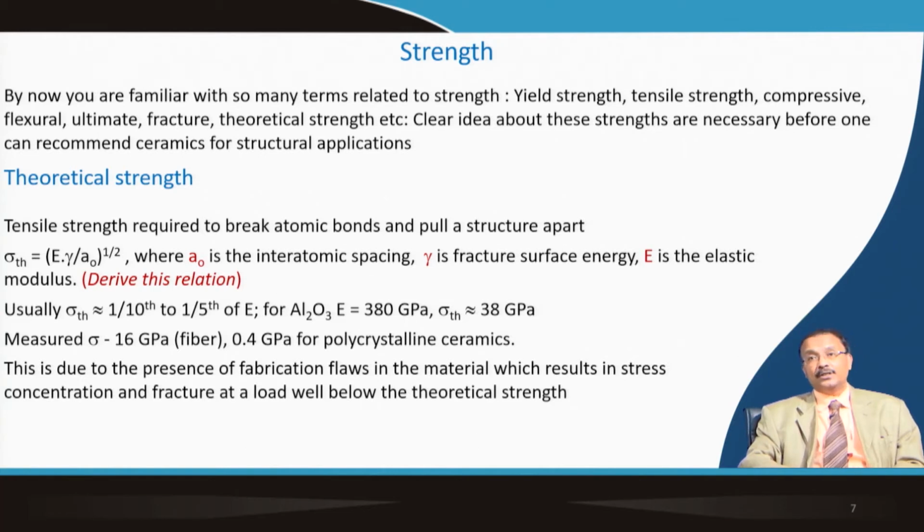So there is a tremendous difference between the calculated theoretical strength and the strength that you actually get. This is due to the presence of various types of flaws in the material, which result in stress concentration, and fracture usually occurs at a load well below the theoretical strength.